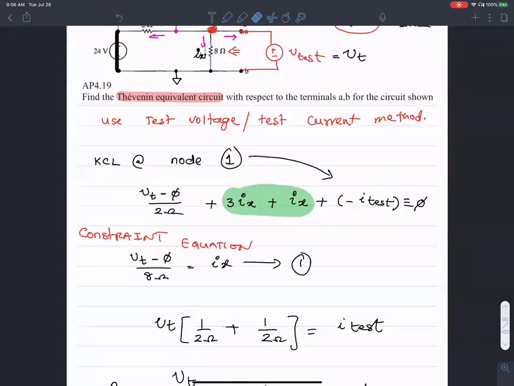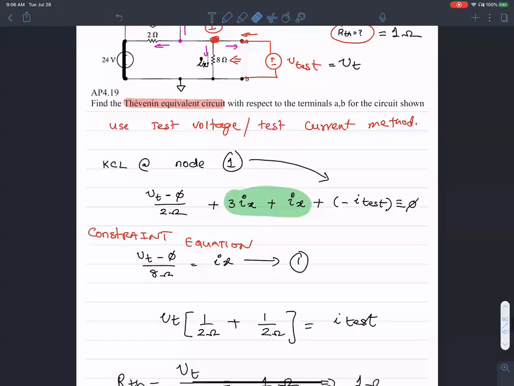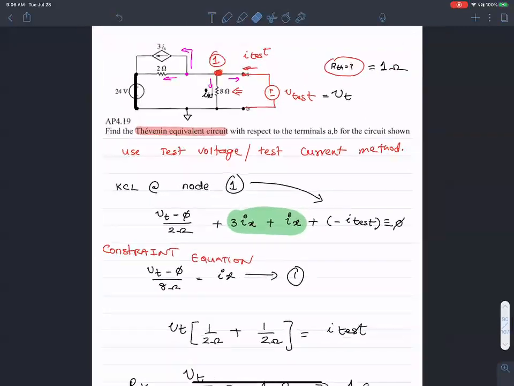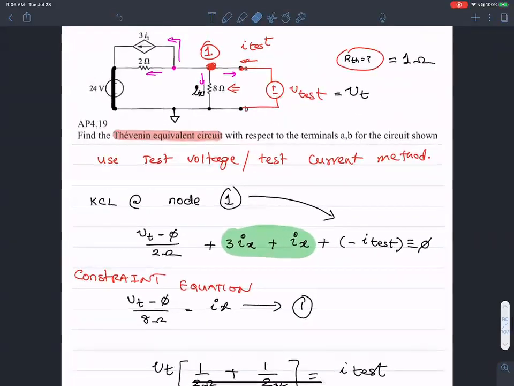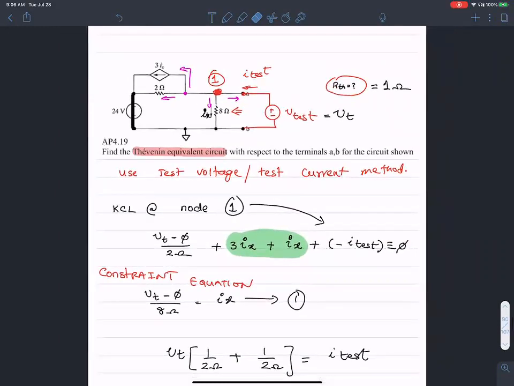Notice that I'm simply applying the exact same thing, KCL at a particular node, and a constraint equation. So these are all topics and techniques that we are very comfortable with already. Does that make sense? Questions, please.